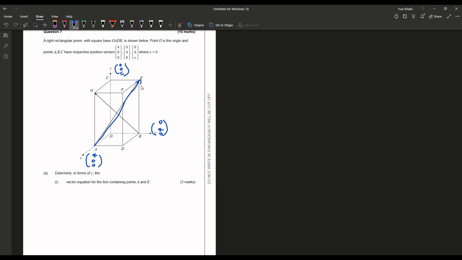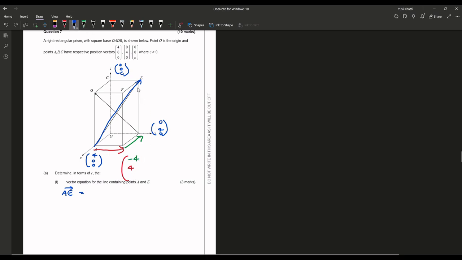So this line's direction vector is just going to be vector AE, obviously. So we'll do that. And here's a little trick to get this direction vector. How much have you gone in the y direction? Well, you've gone 4 in the y direction. And then how much have you gone in the x direction? Well, you've gone -4 in the x direction.